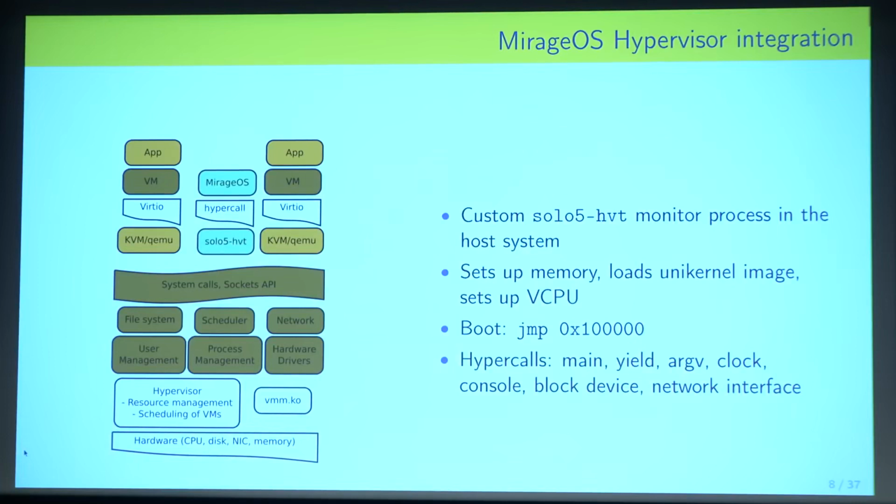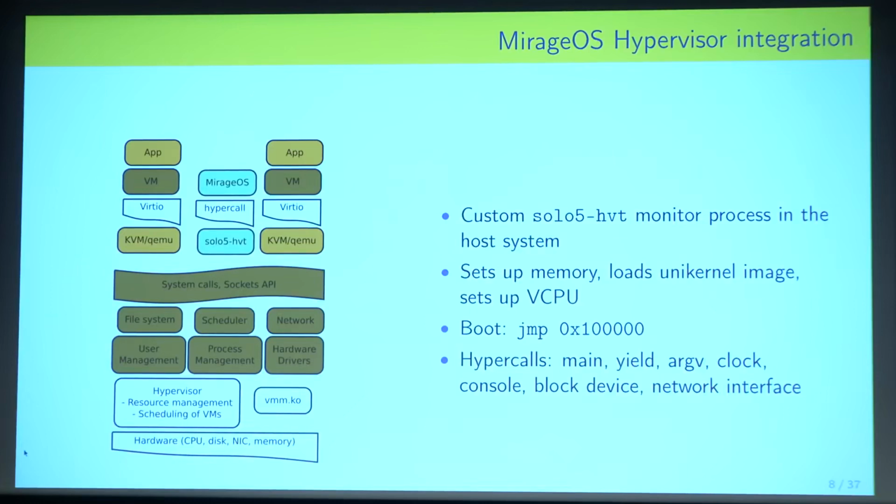And in the middle, we have these MirageOS unikernels, where in the host system we don't run any QEMU, but we run a minimized so-called tender, which is this Solo5 HVT monitor process. That's something which just tries to allocate some host system resources for the virtual machine and then does interaction with the virtual machine.